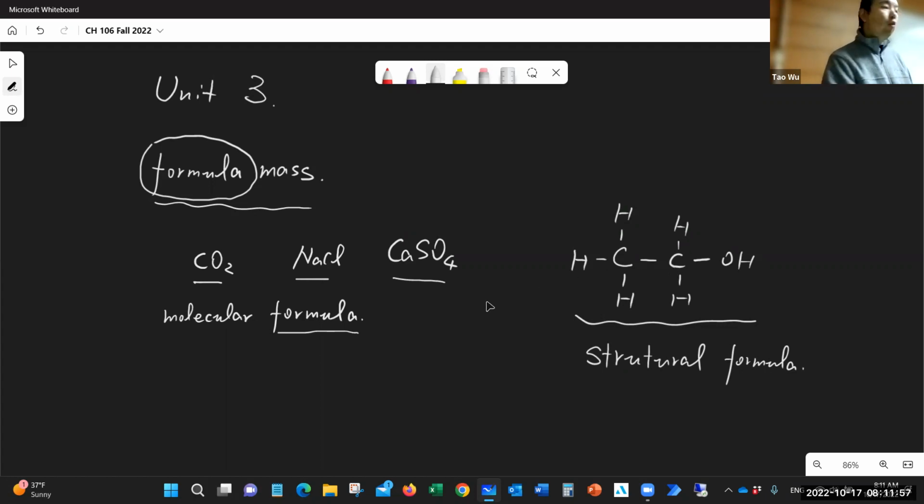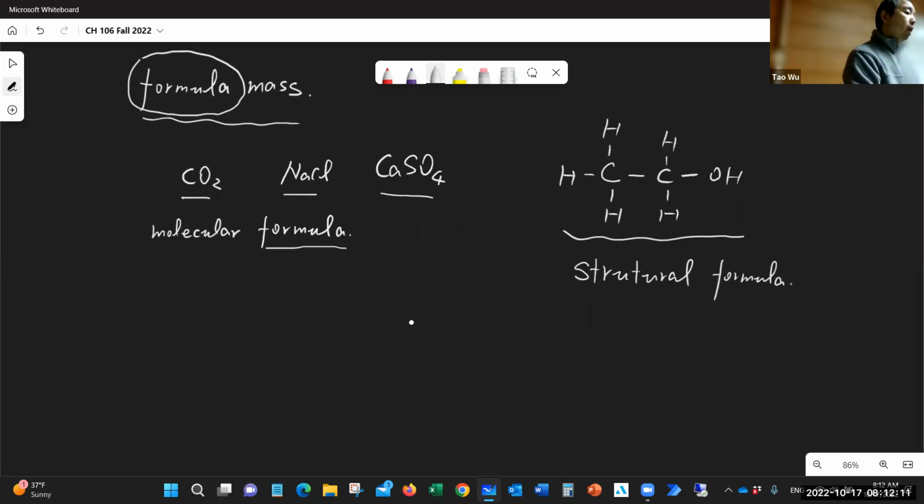Then what is the formula mass? It generally talks about the mass for such a compound. First of all, we already know the mass for an element, like carbon.